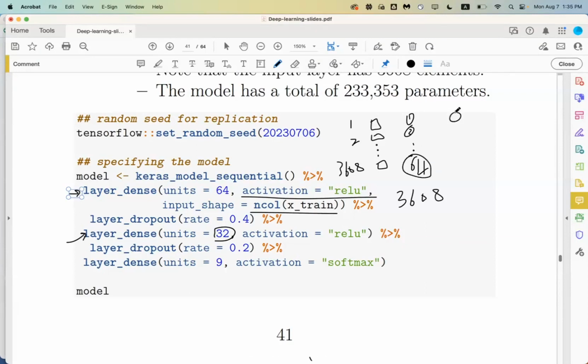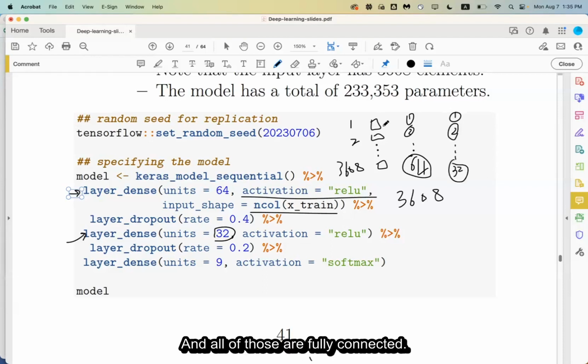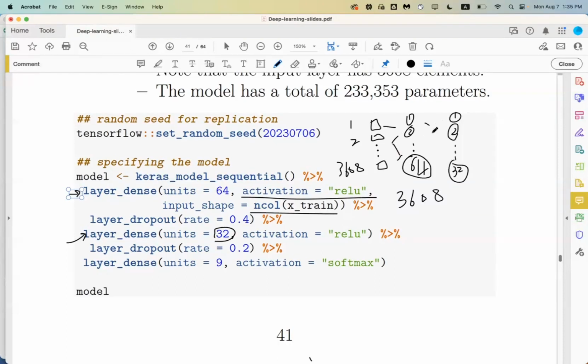And then I have a second hidden layer, 32 nodes. And all of those are fully connected. Then I have my output layer. For the output layer, I have 9 nodes.